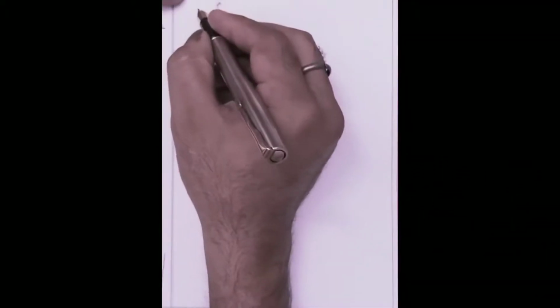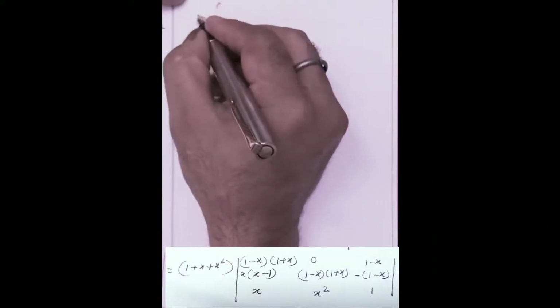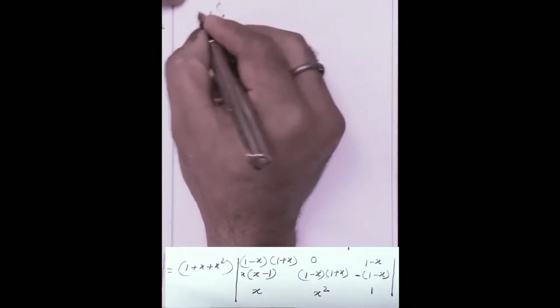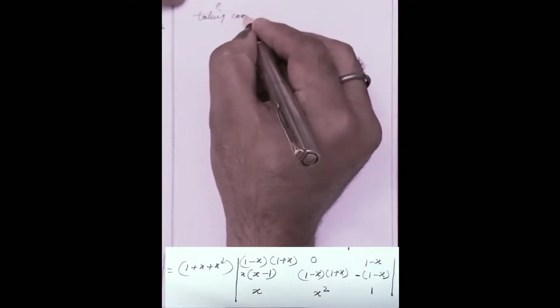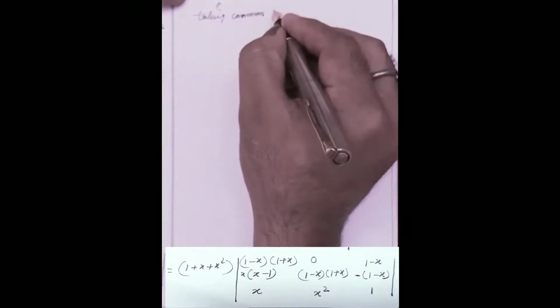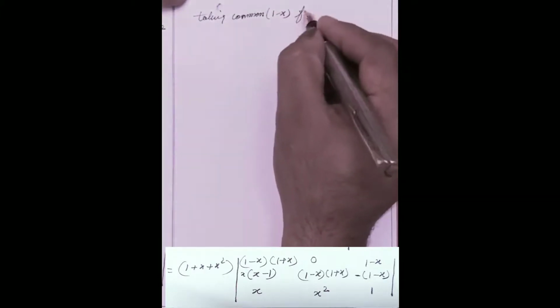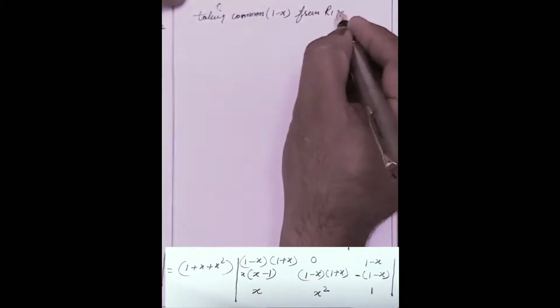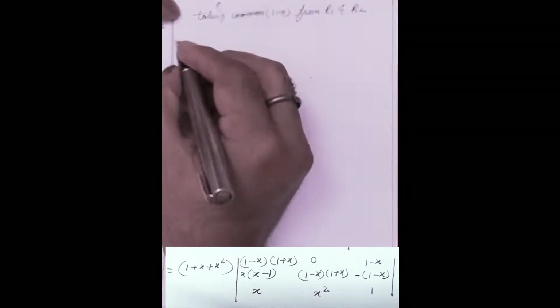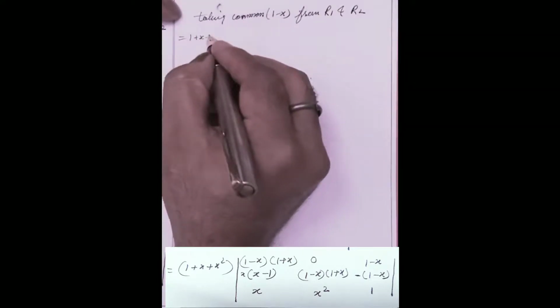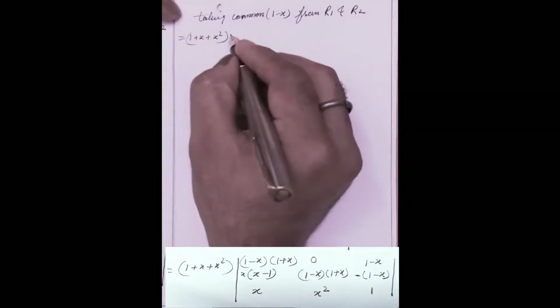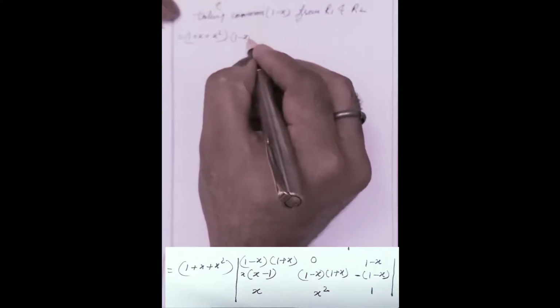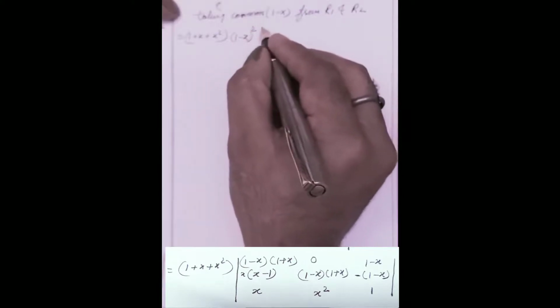So we will write here, taking common 1 minus x from r1 and r2. We get outside 1 plus x square already there, and we have taken 1 minus x twice, so 1 minus x whole square will come out.